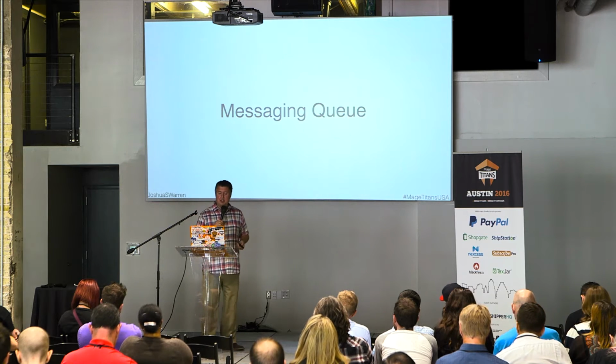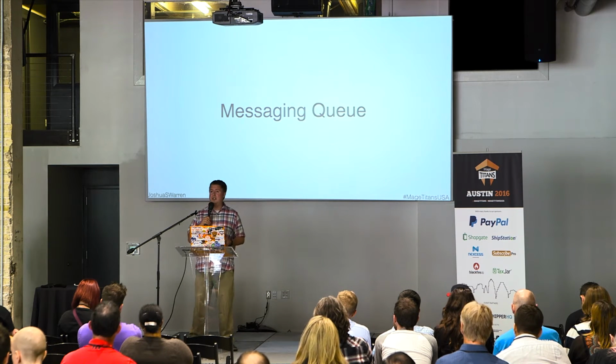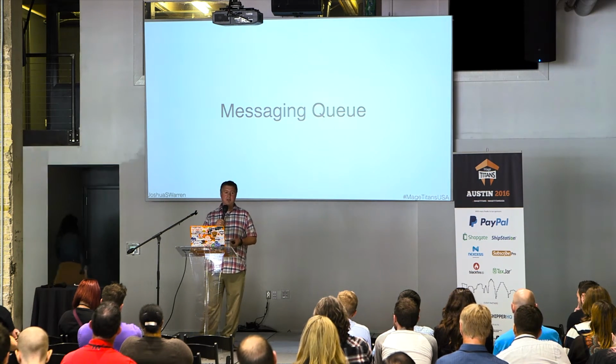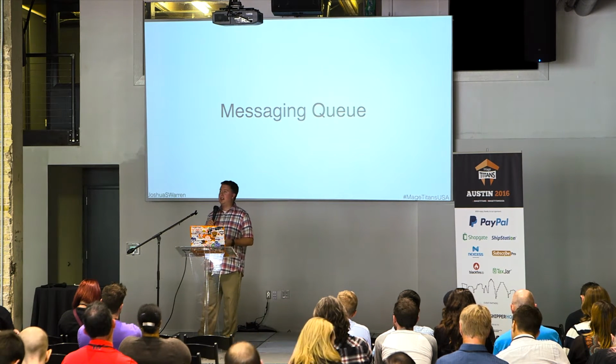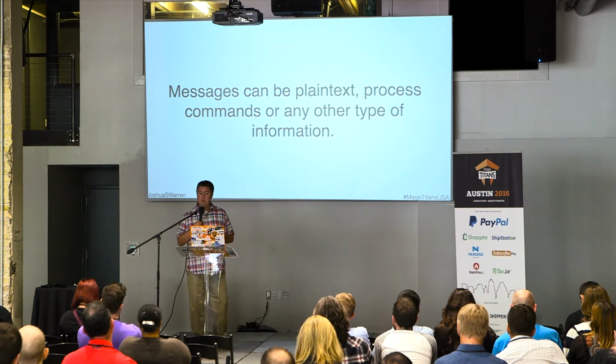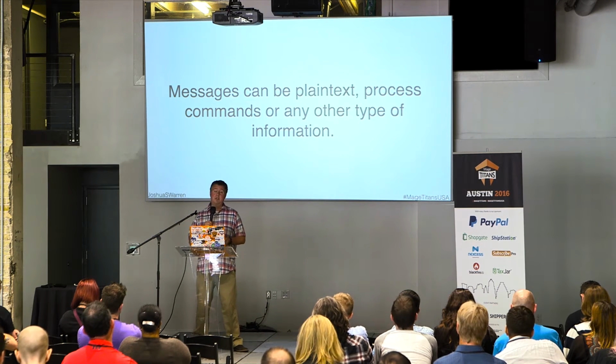And so Rabbit, it's exactly what it sounds like. It's a messaging queue. We heard a little bit from Eugene yesterday about Rabbit, and he dove into some really good technical details, whereas I'm going to talk more on the architectural side of why and when to use Rabbit. So again, RabbitMQ is a messaging queue. Messages are plain text, process commands, or any other type of information you want.